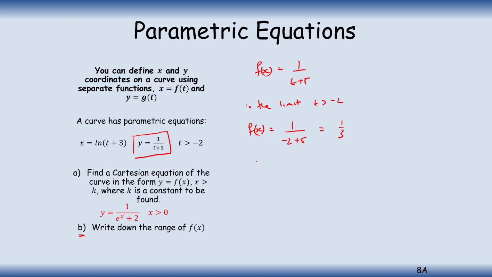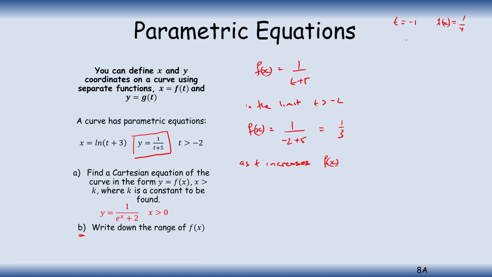Okay. So what happens to this function f of x as t increases? So as t increases, f of x, or y, let's think about it. f of x is equal to 1 over t plus 5. So let's just do a little note here. When t is equal to minus 1, f of x is going to be equal to a quarter.